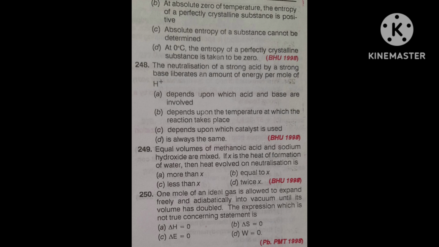Some work done will be there. Because the gas has expanded, work has been done. That's why here W is not equal to 0, despite Q being equal to 0. It means because work has been done, the work is not equal to 0.